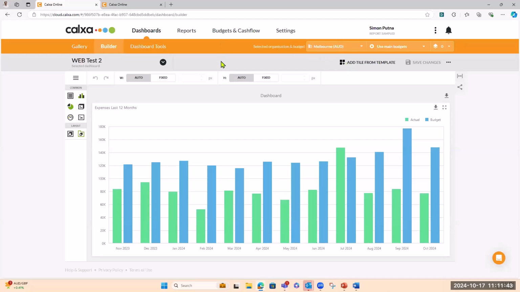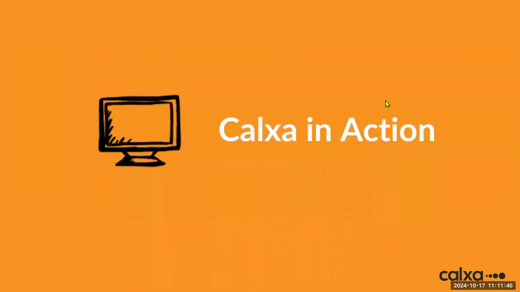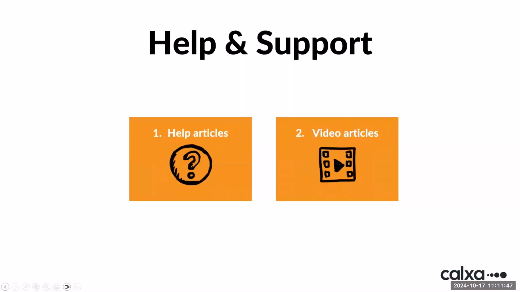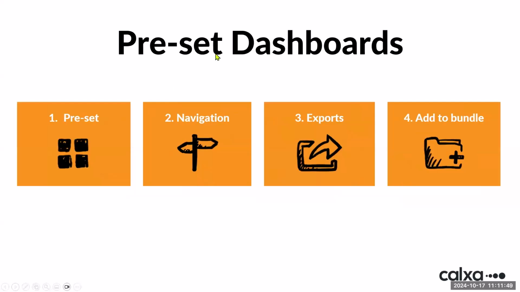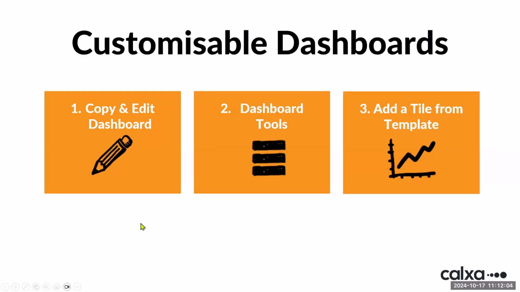Okay, so let's go back and just check how we're going. So we've looked at our preset dashboards, how we can navigate around them, how we can export those. We can get them to a PDF. If you do export them to Excel, it's only the data and not the picture, and how we can add those particular dashboards to a bundle. Then how we can copy and edit dashboards, how we copied out that overview one and then we made changes to that particular dashboard.